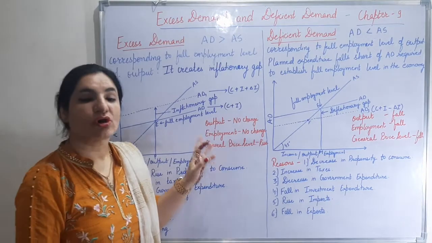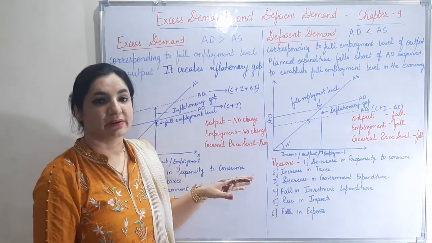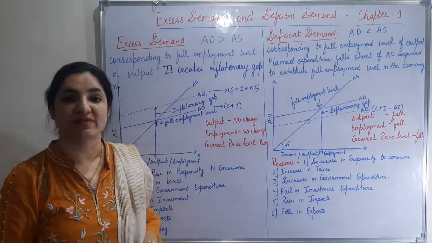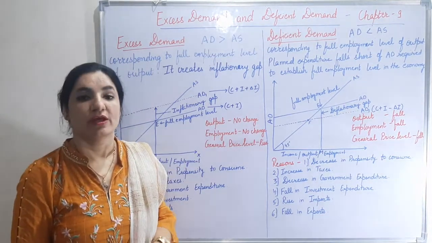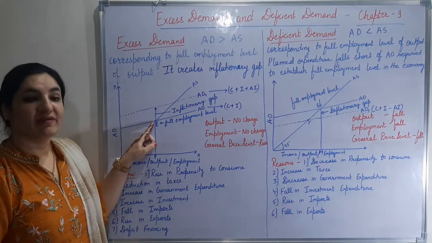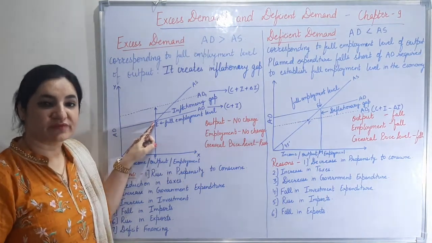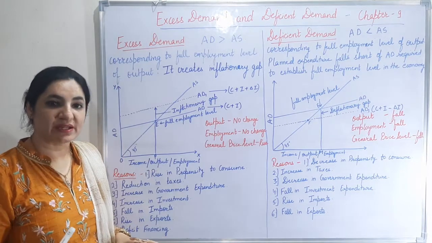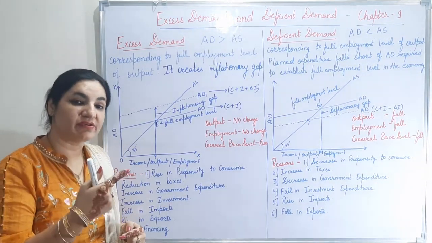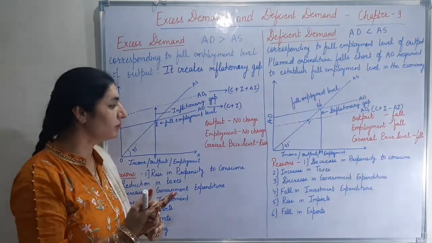The impact of excess demand on output, employment and general price level is very important. We know that the full employment level was already achieved. There is no idle capacity in the economy, but still aggregate demand is increased because of the inflationary pressure.